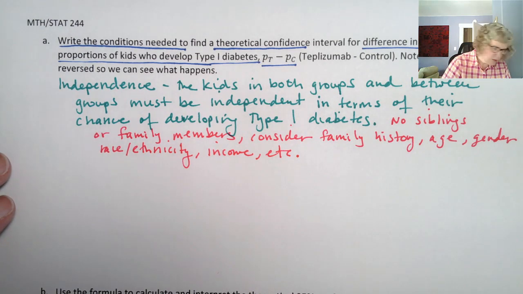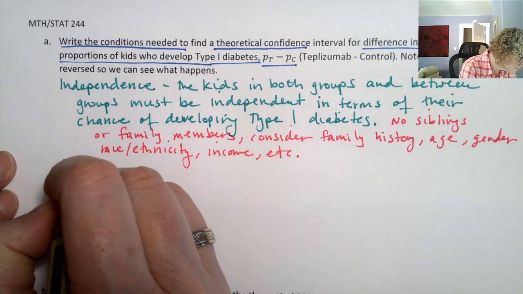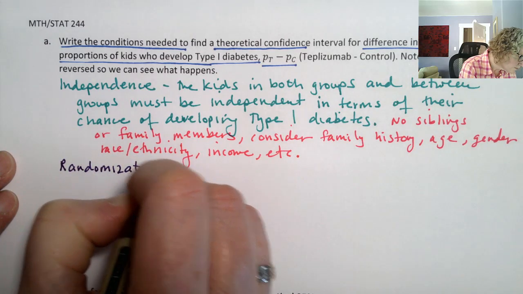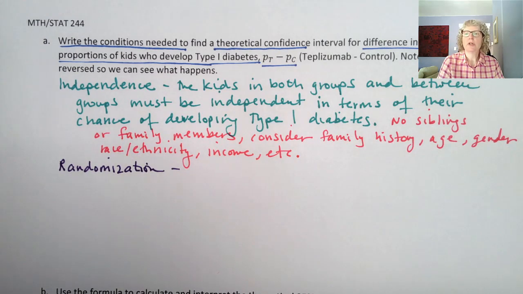Okay, and then randomization. I remember in reading the original problem statement, they said they did randomly assign kids to the two groups.